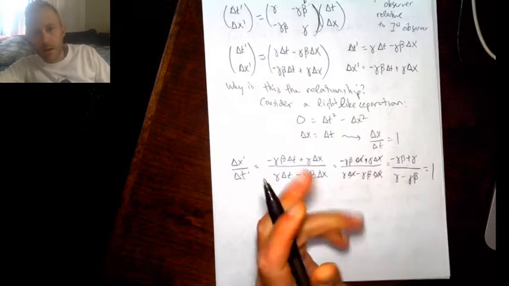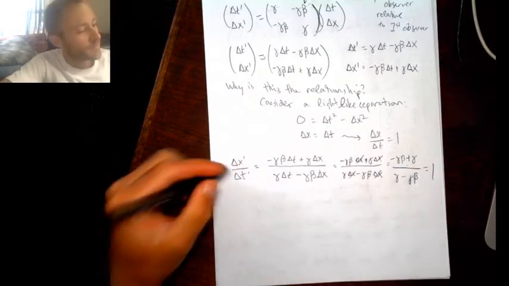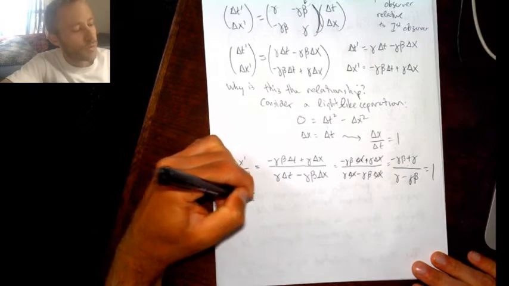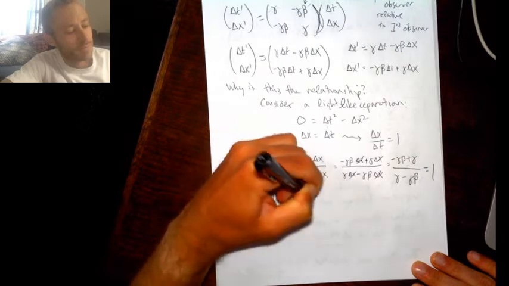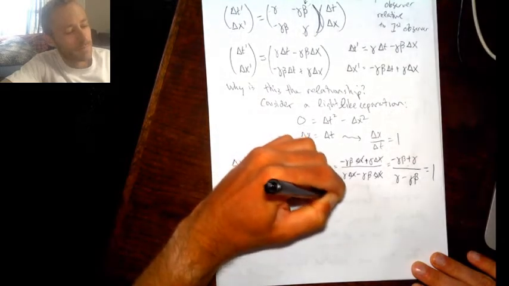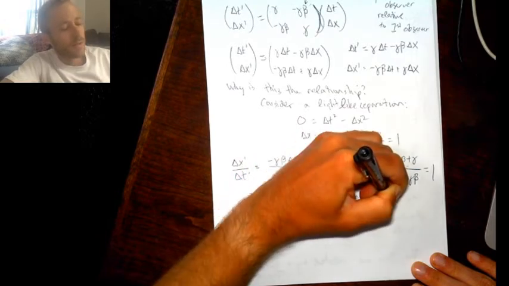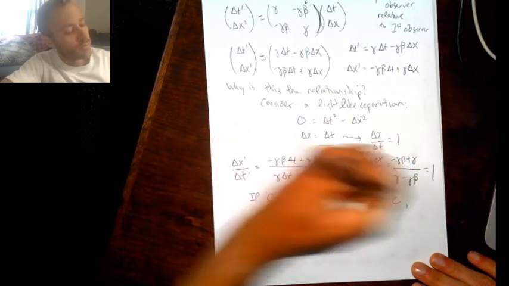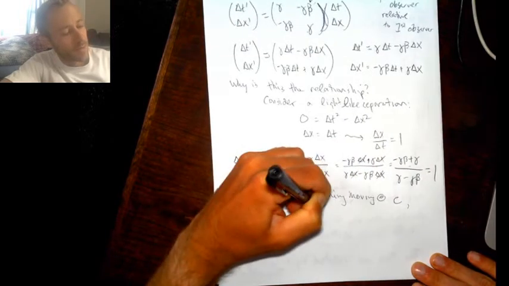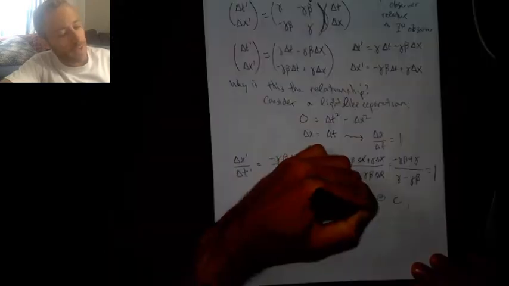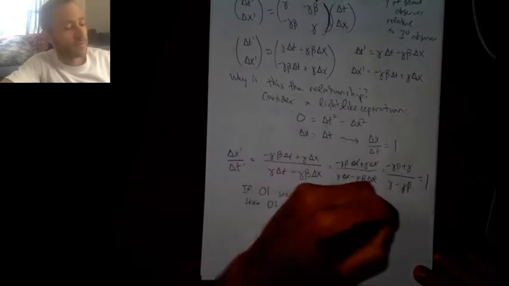So what that means is that if observer 1 sees something moving at the speed of light, then observer 2 sees the thing moving at the speed of light.